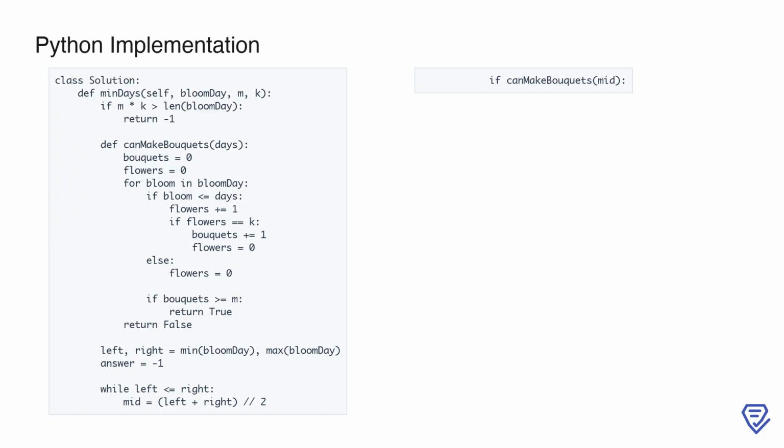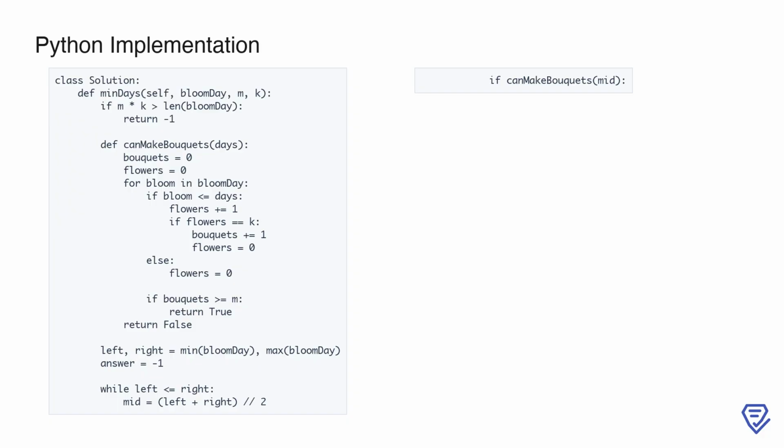requirement. Next, we define a helper function called canMakeBouquets, which will check if we can create the required number of bouquets within a given number of days. Inside this function, we initialize counters for bouquets and flowers. Then, we iterate over each bloom day in the bloomDay list. If the bloom day is less than or equal to the given number of days, we increment the flowers counter.